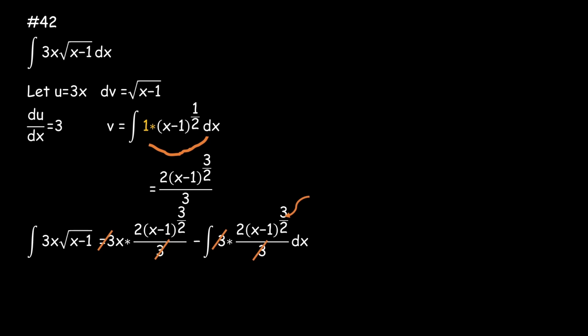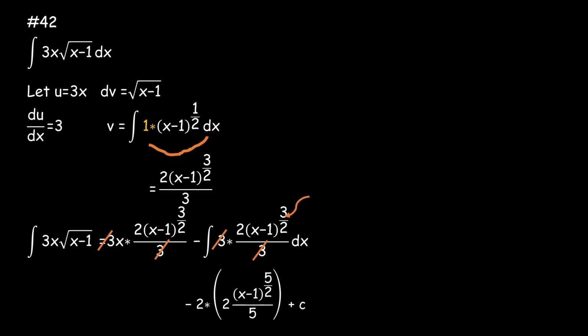So if we want to integrate this again, we can take the constant, which is 2, outside, right? And we repeat the process as we did previously, adding 1 to the power and dividing by the new power. So 3 over 2 plus 1 is 5 over 2, right?